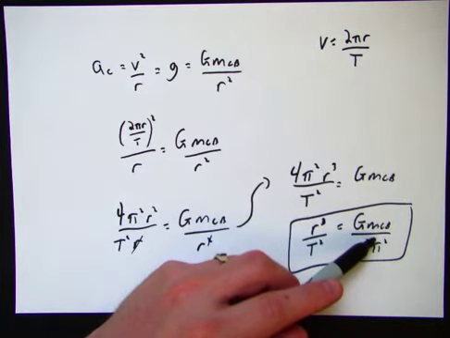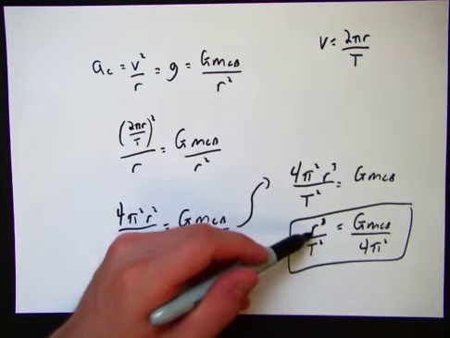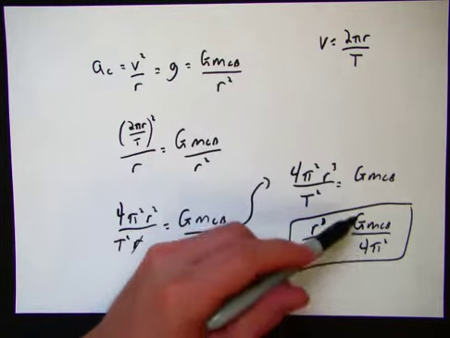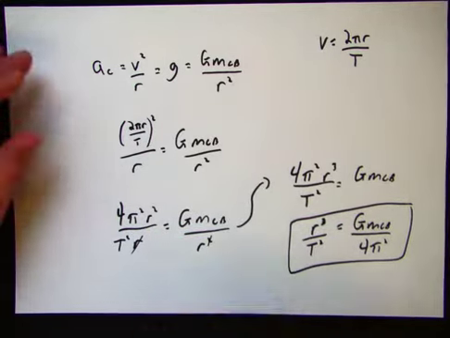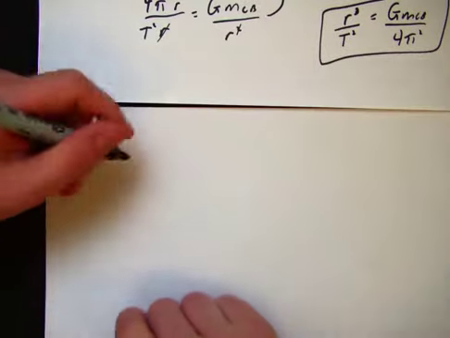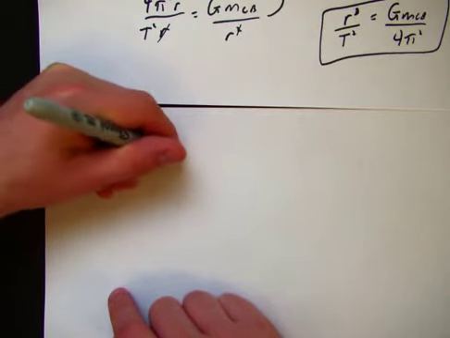It doesn't depend on anything else. In other words, the period and the radius of that planet will have some proportion that will equal this constant. Let me illustrate that a little further. I'll write this as T squared over r cubed, just flipped, is equal to this.